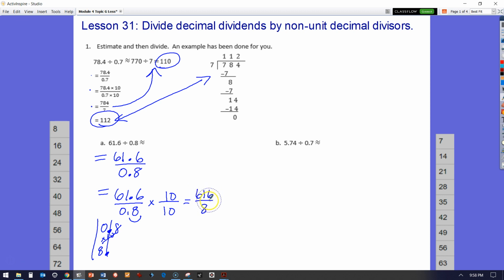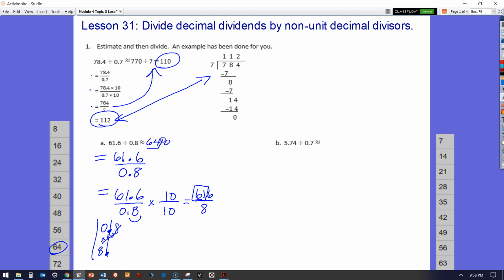So now I say, well, 616 divided by 8. I don't know that off the top of my head, but I can use some basic estimation. 616 is around 64 tens, since 61 tens and 6 ones is around 64 tens.